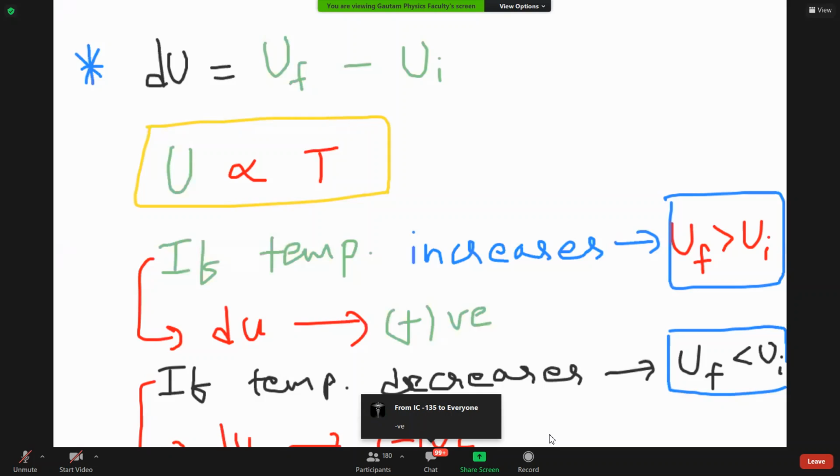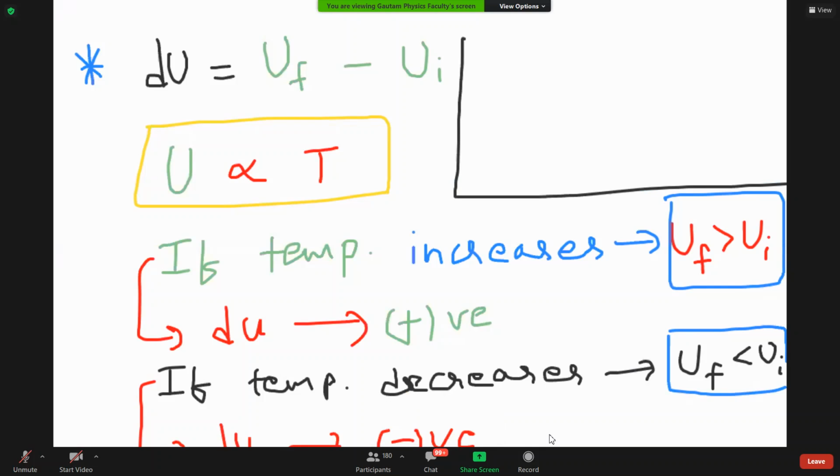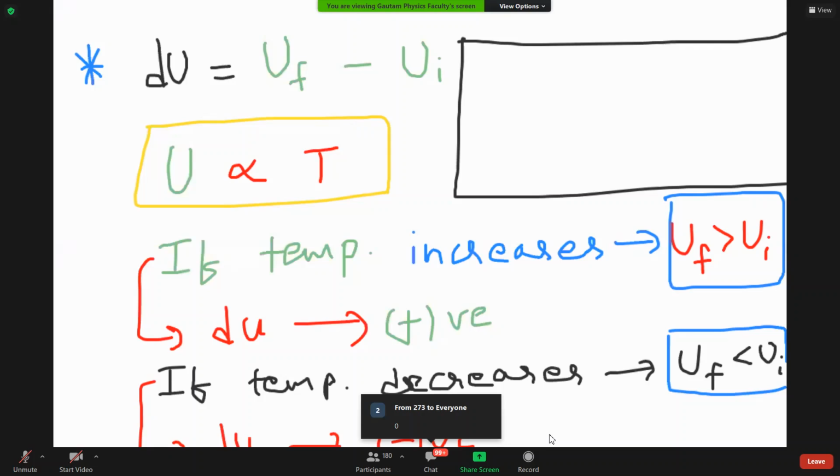And one more thing, the last one, very important point: if temperature is constant, what is going to happen? Temperature constant means change in internal energy is equal to 0. Why?